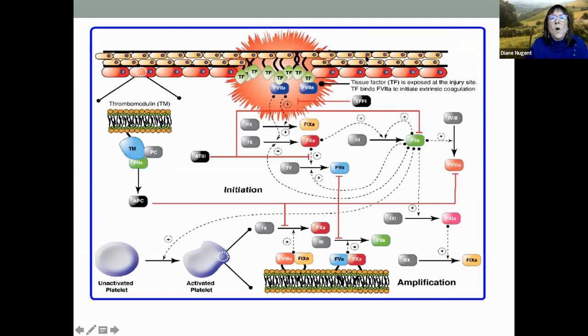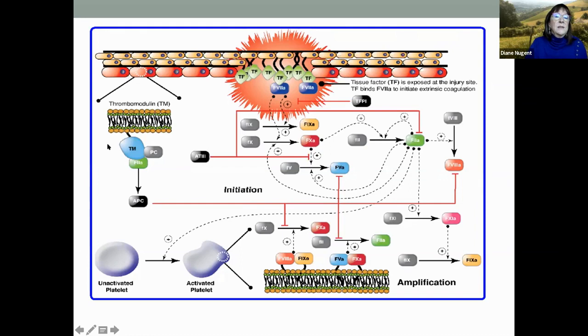This is a blood vessel wall. These slightly red cells are called endothelial cells. They are the lining within the blood vessel, and they play a very important role both to promote clotting and, importantly, to turn it off.